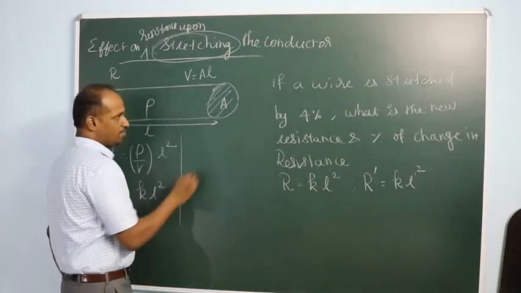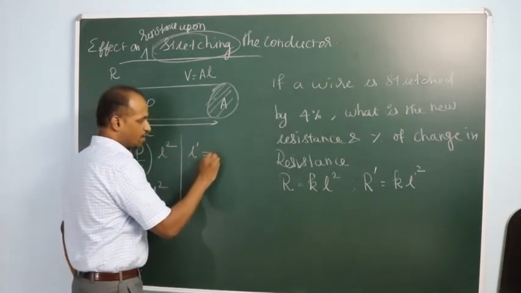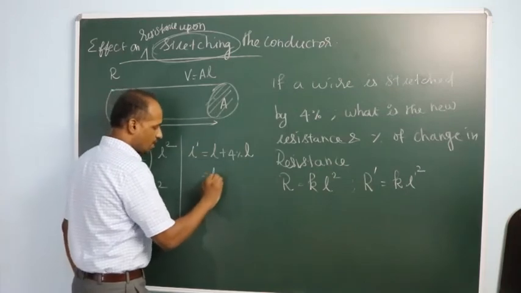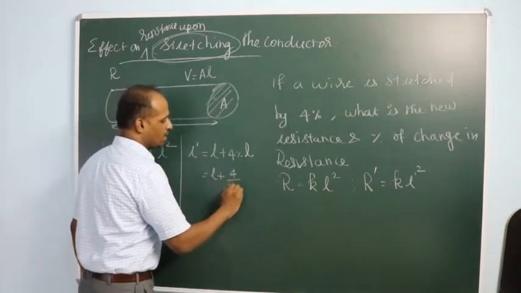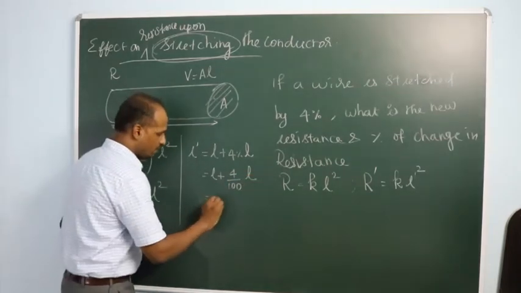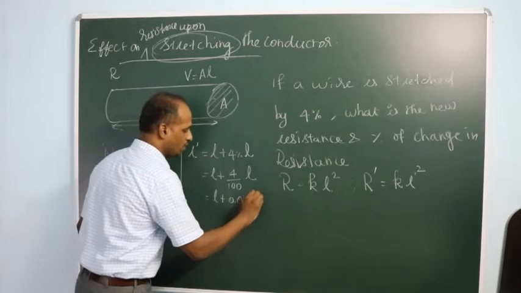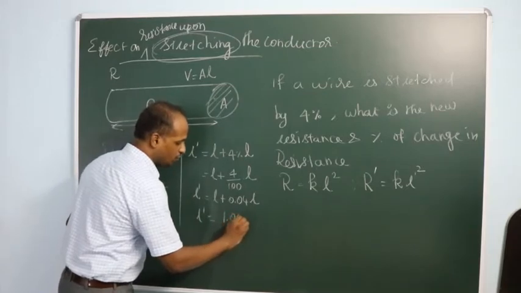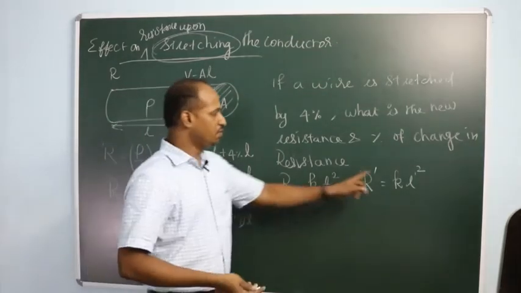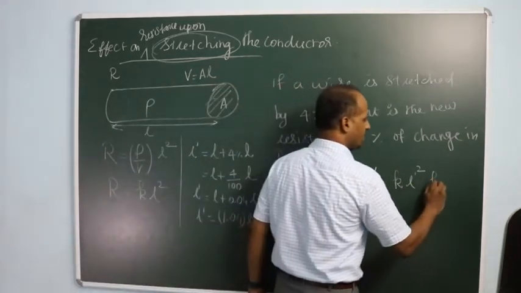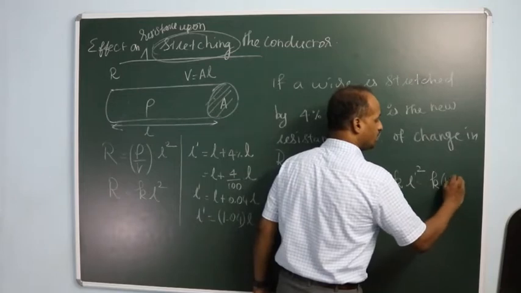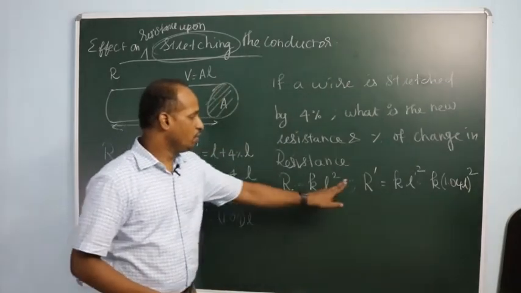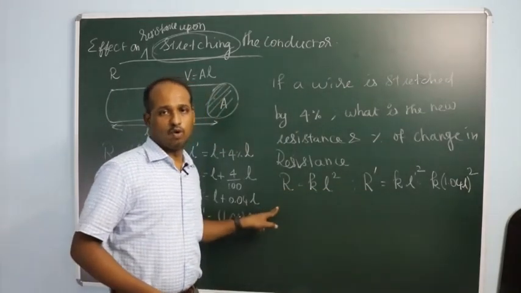We know that if it is stretched by 4%, L prime is equal to L plus 4% of L. So L plus 4% means 4 by 100 times L. Then L plus 0.04 L. Then L prime is actually equal to 1.04 times L. If you substitute the same over here, you will get K into 1.04 L whole square.